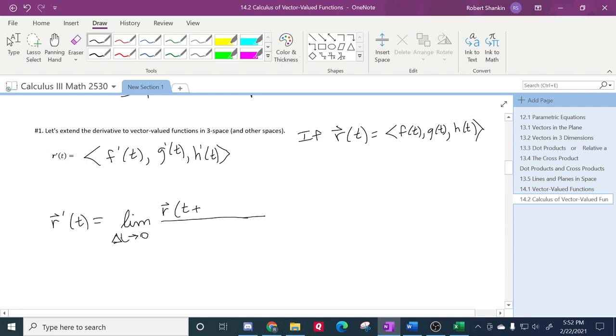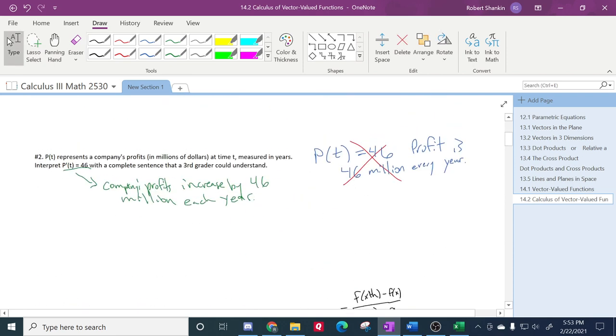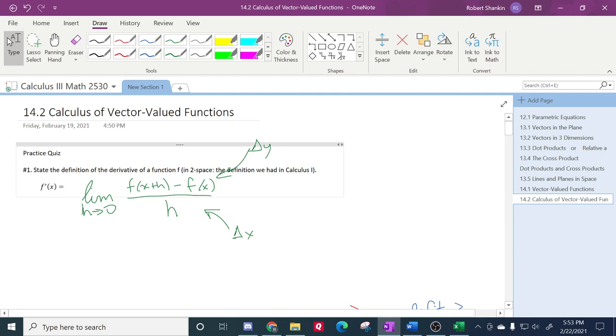I like just a little change in t. T plus some change in t, like this, minus r of t. So we're following the format just like up here.